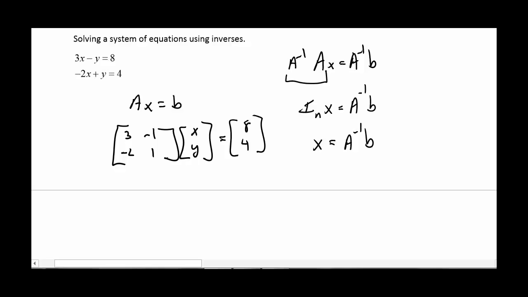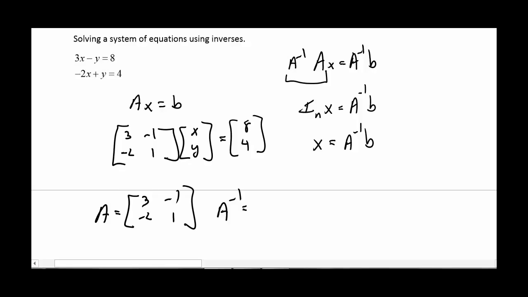What that means is if I have the inverse of the A matrix, I just multiply it by the constant matrix and I've got my answer. So if A happens to equal 3, -2, -1, and 1, I just need the inverse of this.